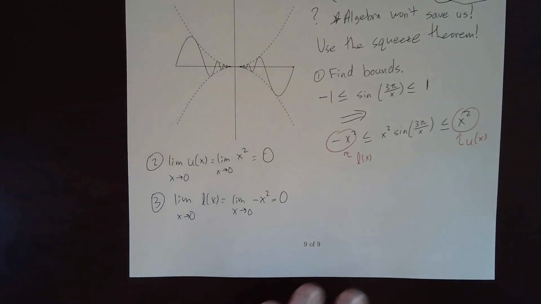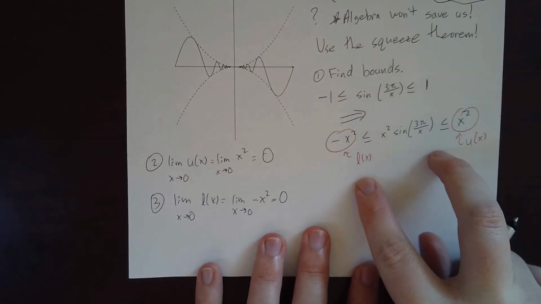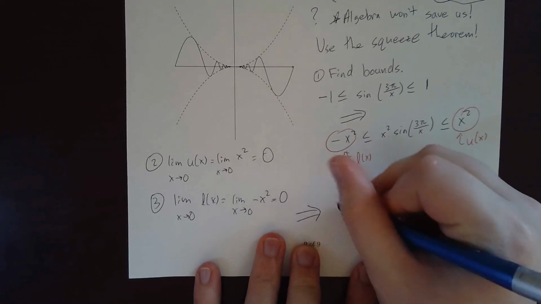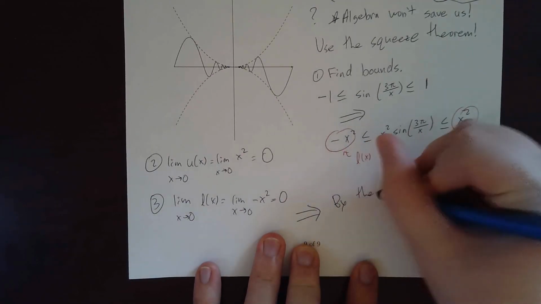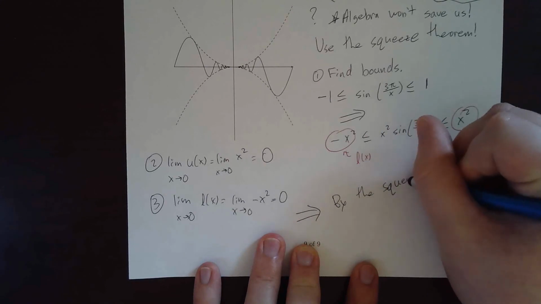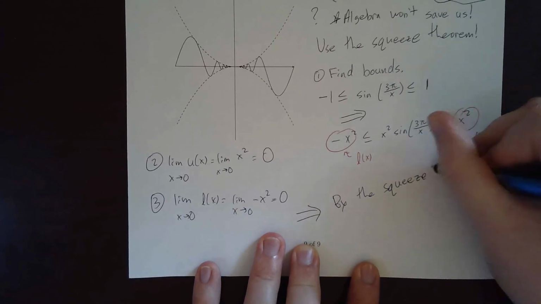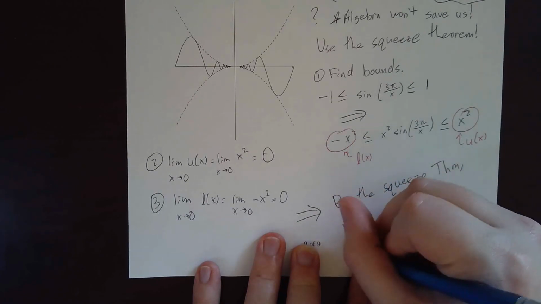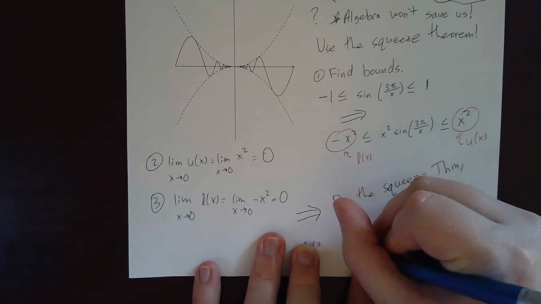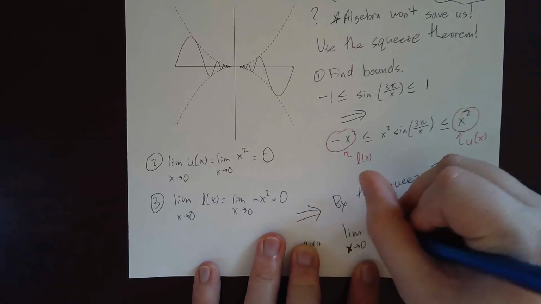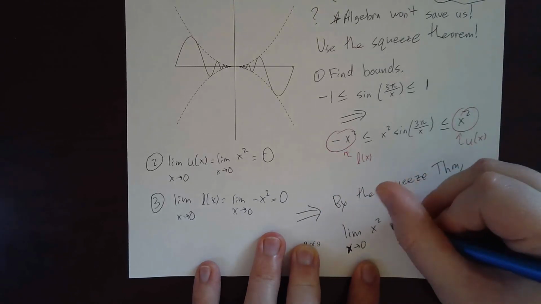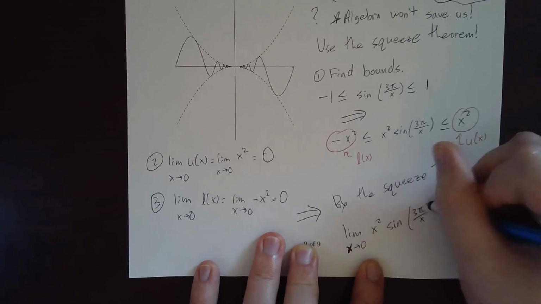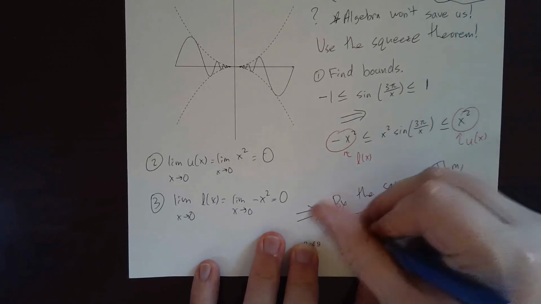So now, because we have a lower and upper function whose limits as x approaches 0 both go to 0, this tells us that by the squeeze theorem, the limit as x approaches 0 of x squared sine of 3 pi over x equals 0.